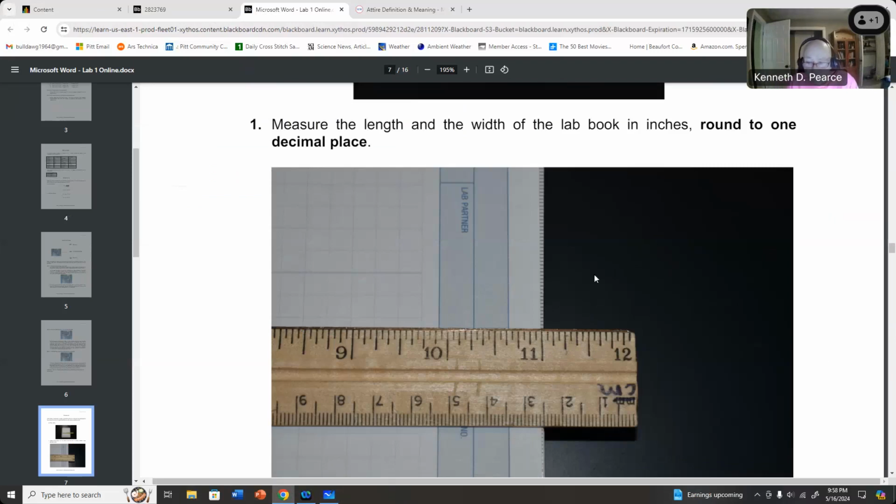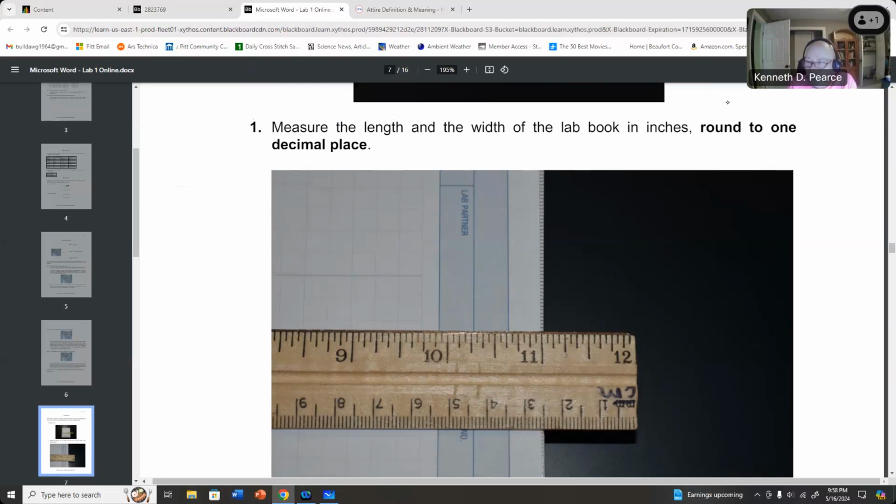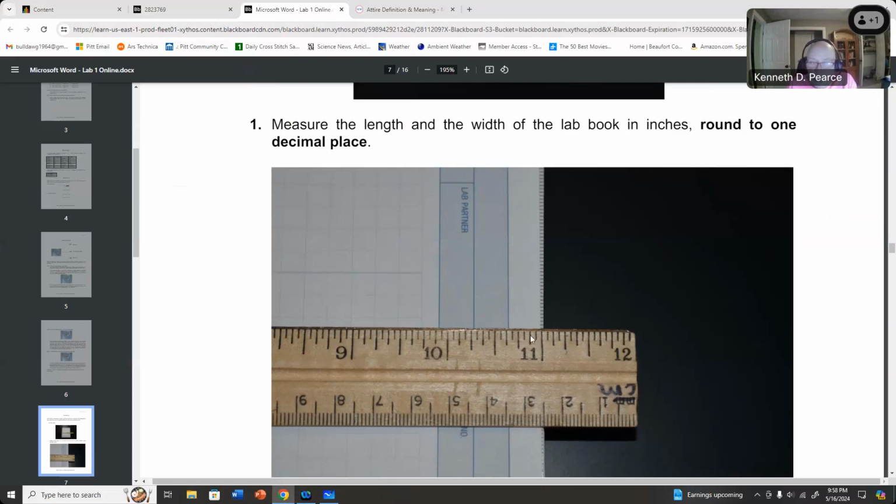And so what we will do is we say it's at least 11. I wonder if I can write on this. Nope. It's at least 11, and that's in inches. Okay, here's the 11 mark right there. And it looks like if you count the fringe, it's just a hair over 11.